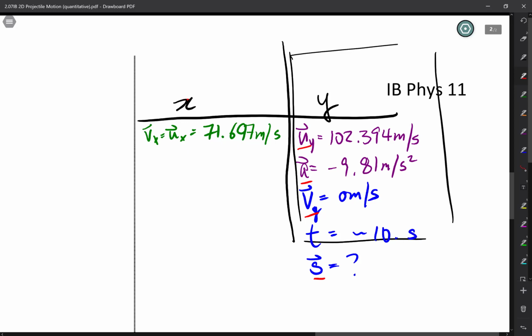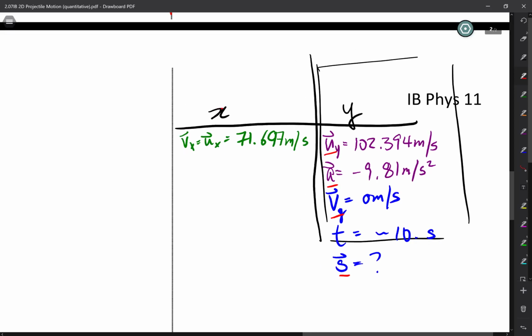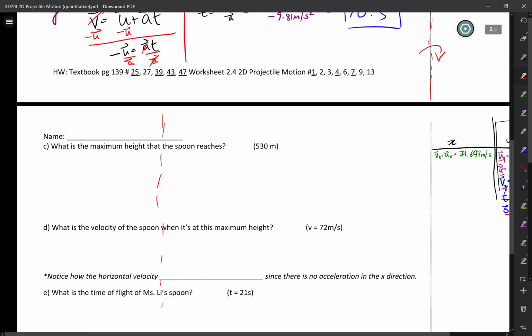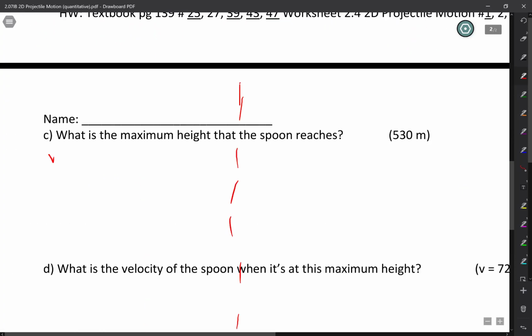So I'm going to use u, a, v, and s. Going back to our 4 kinematics equations, the one that is going to work is v squared equals u squared plus 2as.